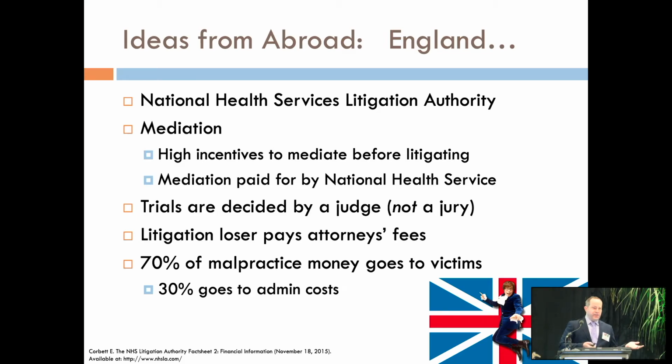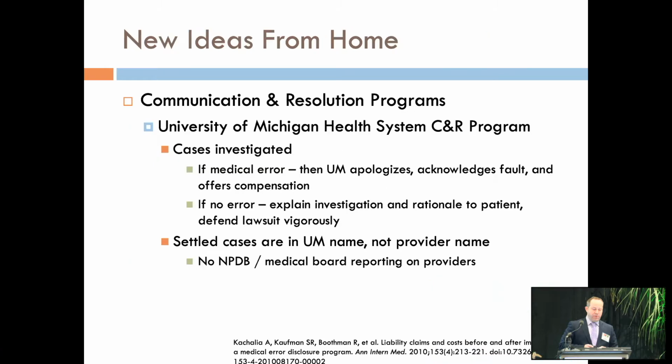The loser pays attorney's fees in England. That deters people from bringing frivolous lawsuits that are likely to get thrown out or lost because the plaintiff's attorney won't want to eat that cost. And very importantly, 70% of their malpractice money goes to the injured party versus that 54% that Atul Gawande cited earlier.